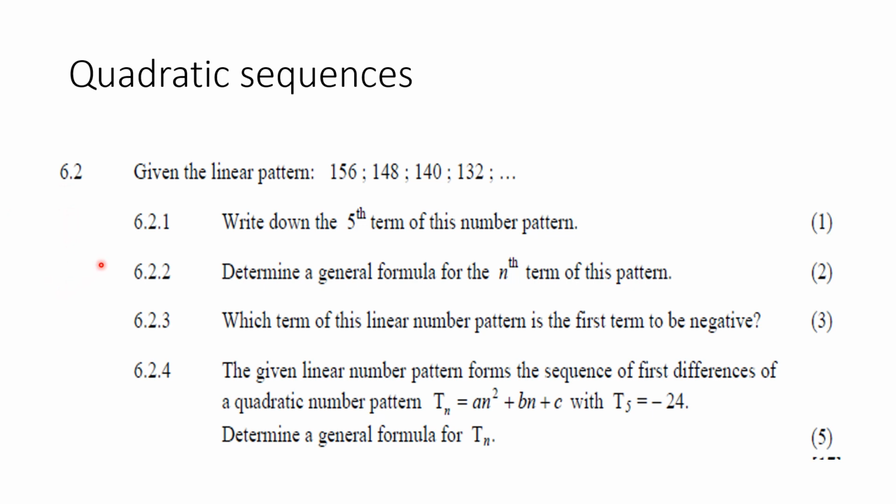So given the linear pattern, this is the linear pattern that is given to us. The first question will ask you to write down the fifth term of this number pattern. Then the following question will be to determine a general formula for the nth term of this pattern, which is a linear pattern.